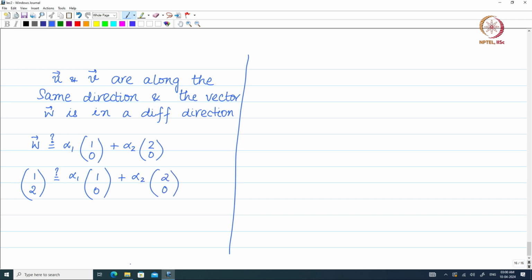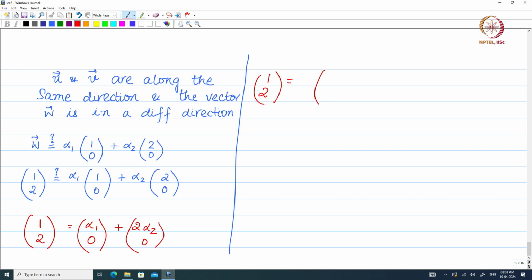Now, if we multiply the scalars and check what happens, on the left hand side we get 1 2, which is equal to alpha 1 0 plus 2 alpha 2 0, which essentially means we have the vector 1 2 equal to alpha 1 plus 2 alpha 2, and the second coordinate is 0.